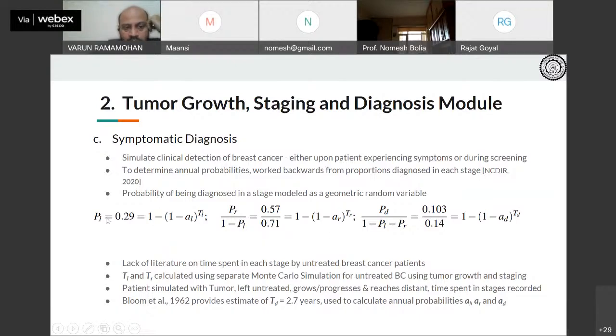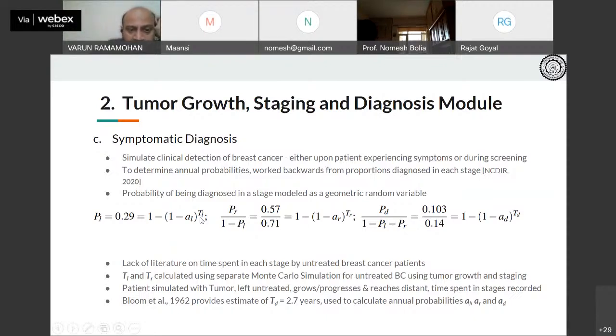For that, we have PL from the existing data, and what we don't have are the TLs. So once we have PL and TL, we can calculate AL, for example, from this equation and so on. And these are conditional probabilities. That's why this is the probability of being diagnosed in the regional stage, given that one is not diagnosed in the local stage and so on, right?